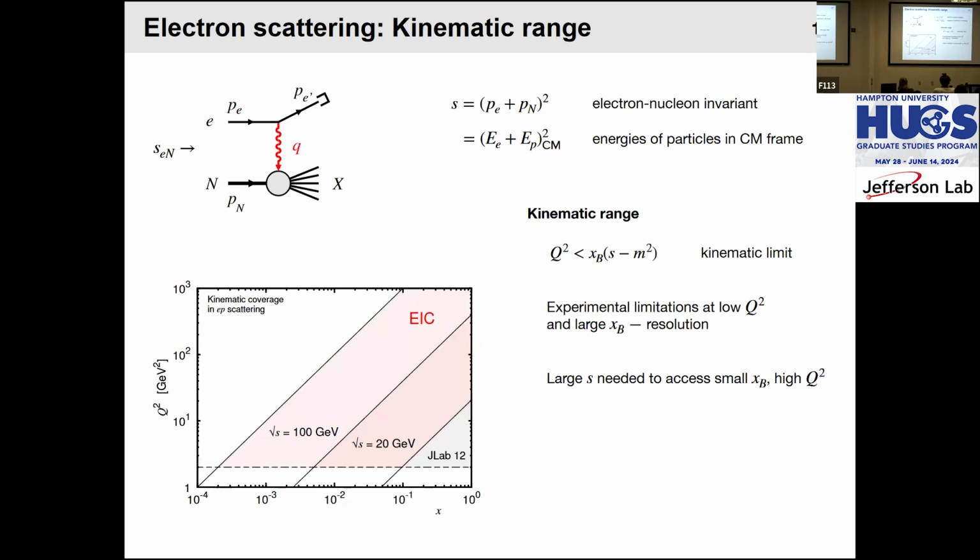In all the EIC plots, when we talk about the square root of S, it's always for electron-nucleon scattering, where nucleon means a proton or neutron in the ion at the nominal momentum, which is the ion momentum divided by the nuclear mass number.